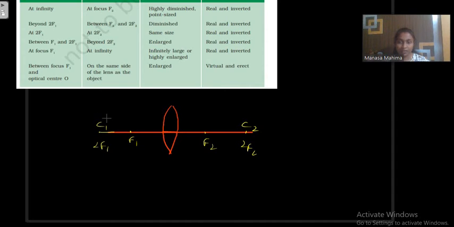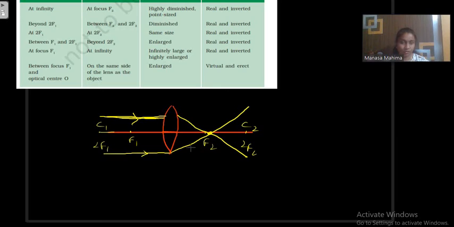Since we are taking the object to be at infinity, we have to consider the parallel beam of rays. For that we can take any two rays. In this case I have taken both the rays parallel to the principal axis. After refraction, what will it do? It will make the rays converge at a point, that is F2.